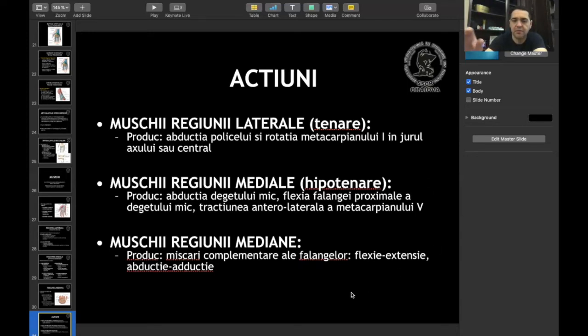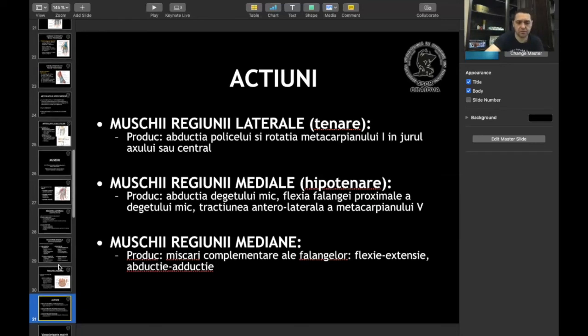And the lumbrical and interosseous muscles, the intrinsic muscles of the medial region, have complementary flexion and extension movements, and also abduction and adduction of the fingers.